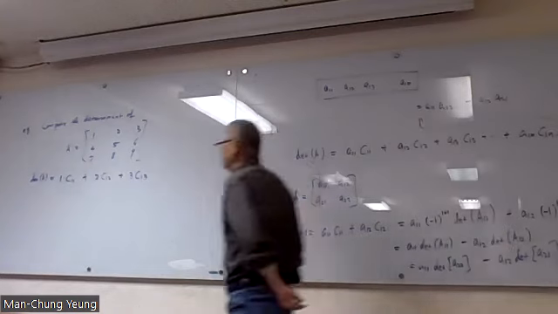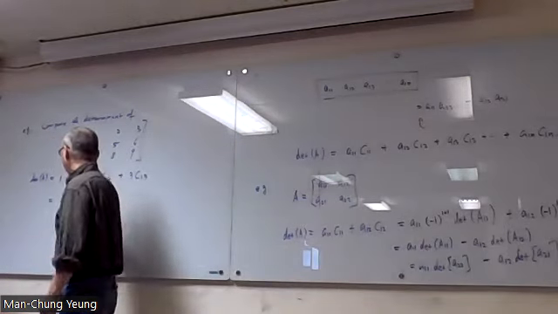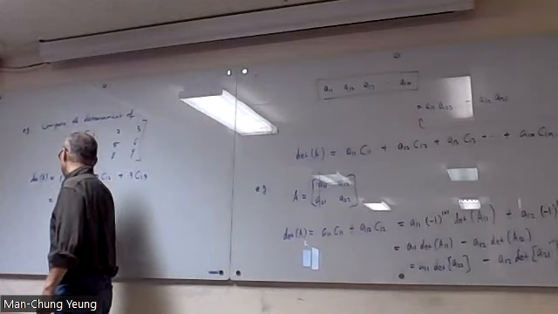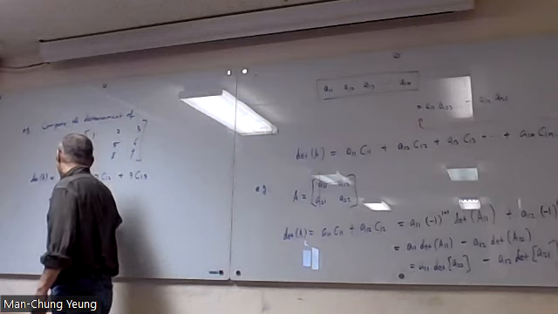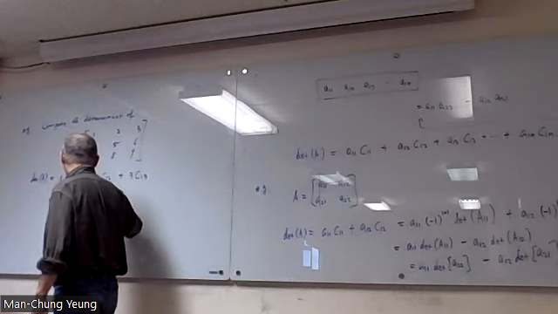Now what is C11? C11 is (-1) to the power i plus j, now 1 plus 1, times the determinant of capital A11.